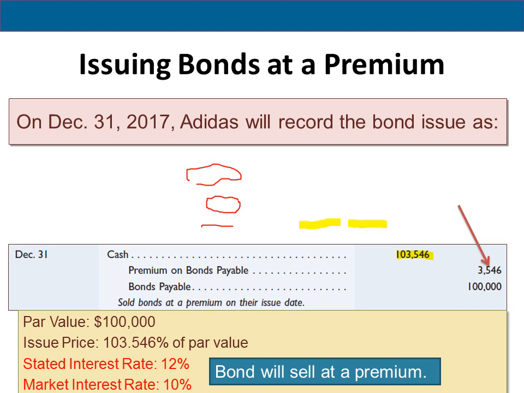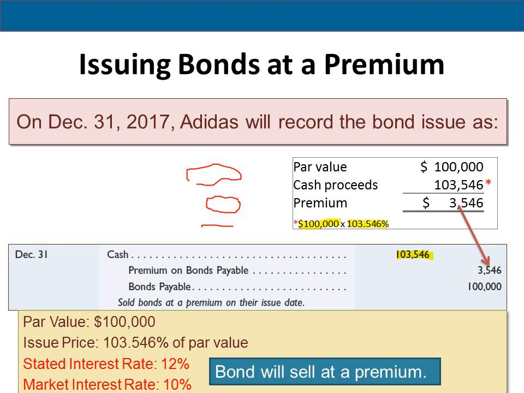Then the difference between the cash received and the liability created, which is 103,546 and 100,000, represents 3,546. This 3,546 we are going to record in an account called premium on bonds payable, as you can see here.